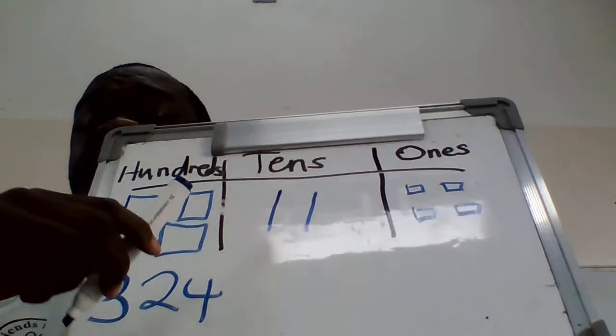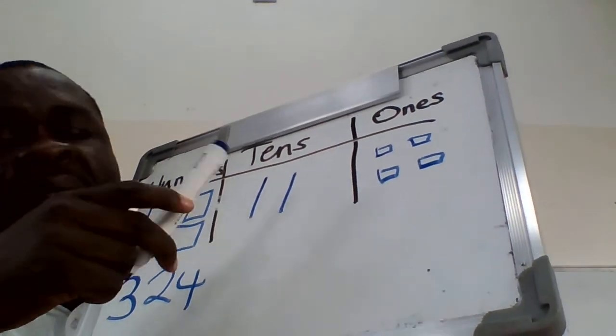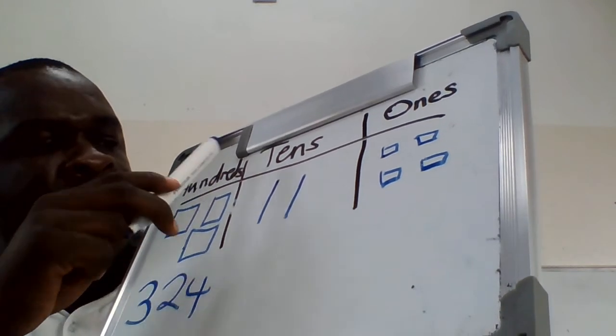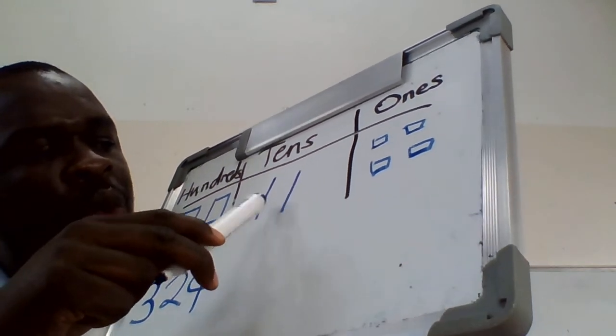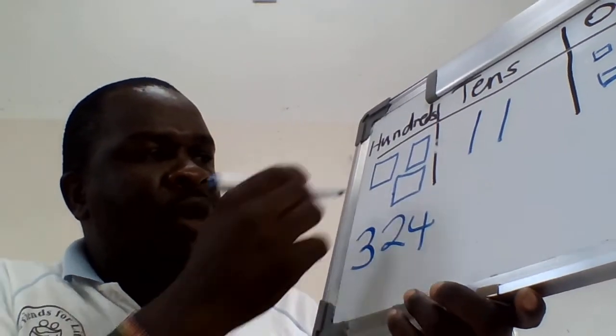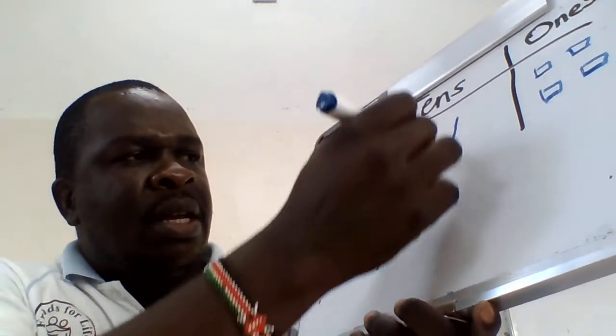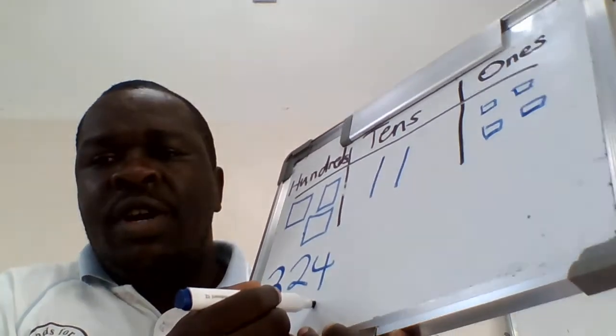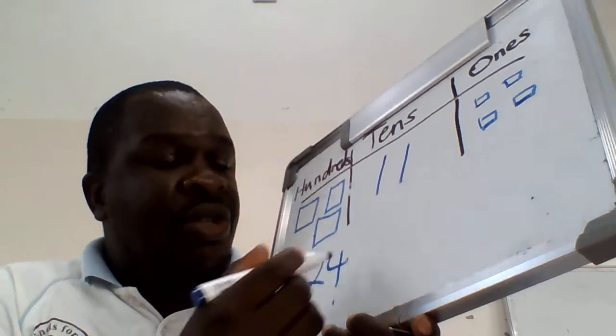Therefore, the number represented on the place value chart is 324. It is a 3. How many tens? 2. How many ones? 4. The number is 324.